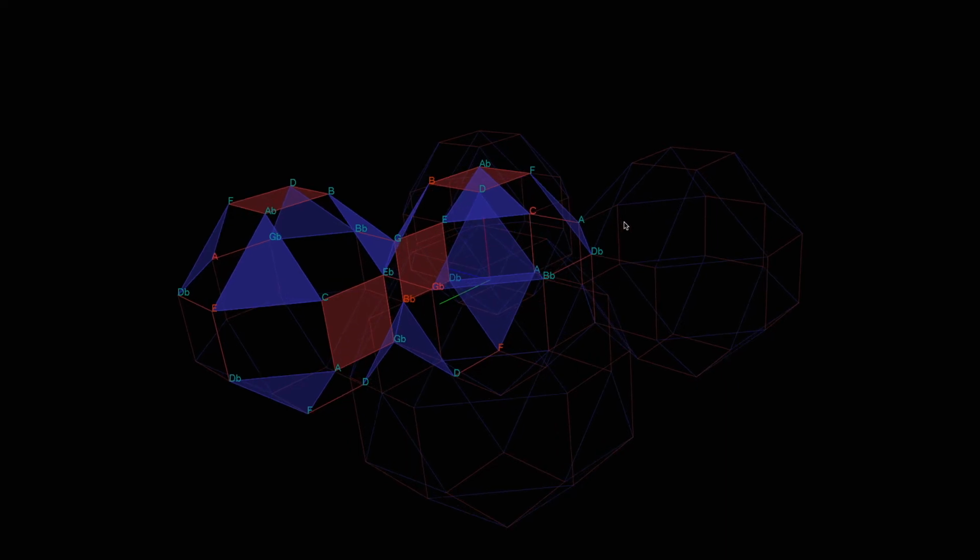You see how both planar navigation and concentric navigation really fit very well together. Again, you can go from C down a fifth to F. Here's the F context.